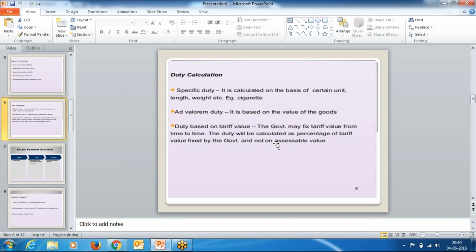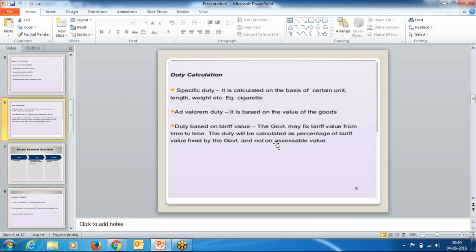The trader is simply a mediator, so he will simply pass on the duty to you. So in case of incoming goods, you don't have any control over the duty, because you simply have to receive whatever is coming to you.